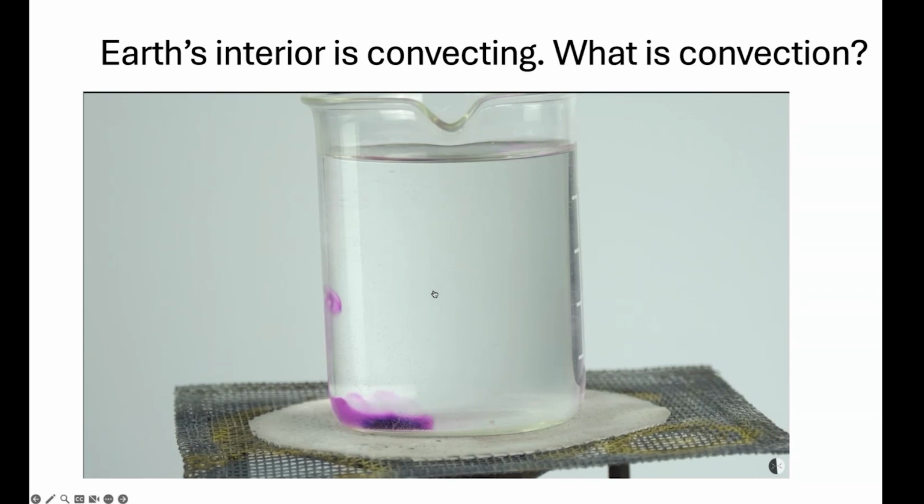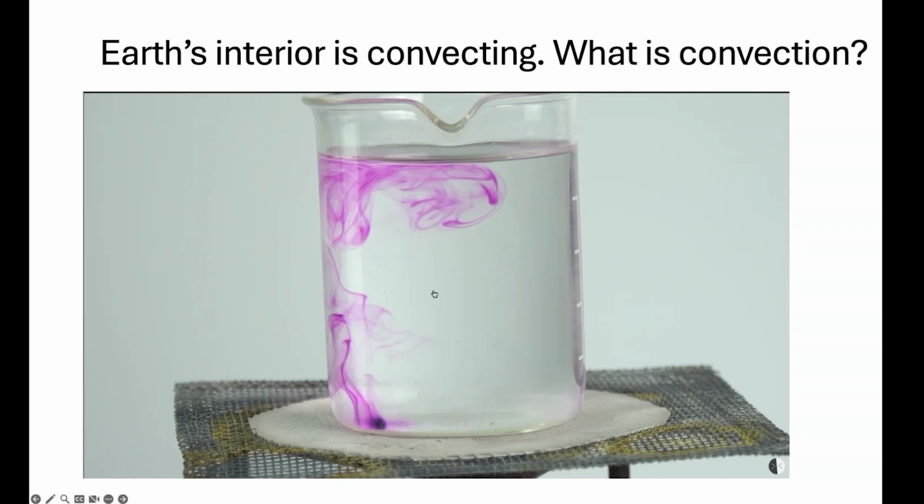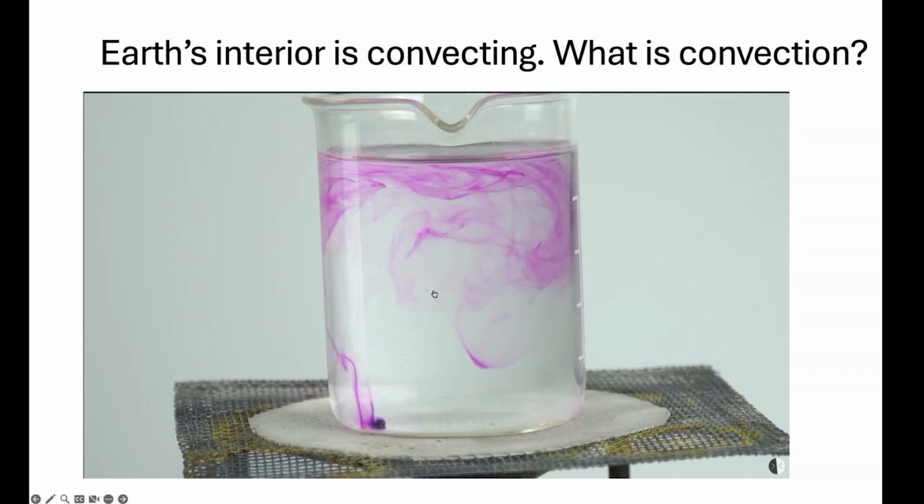And we can now see how the water is rising up above that crystal. And then when it gets to the top, we get this current where it maybe starts to move down the other side as well. What we now have inside the beaker is a convection current.